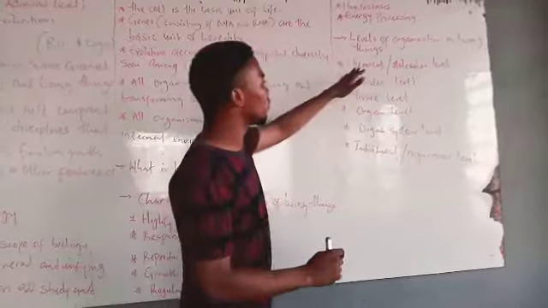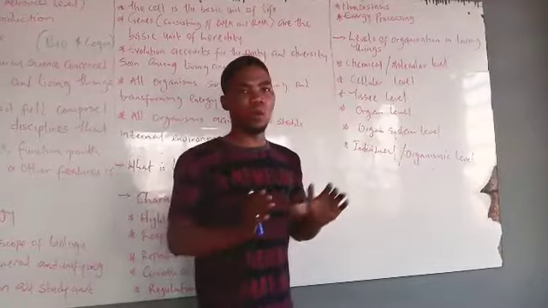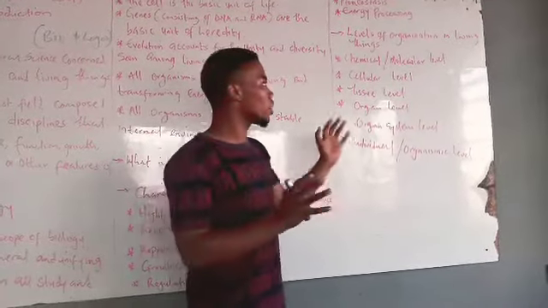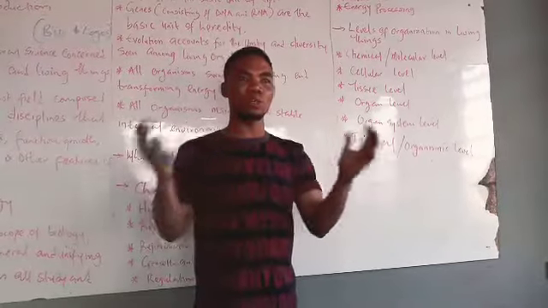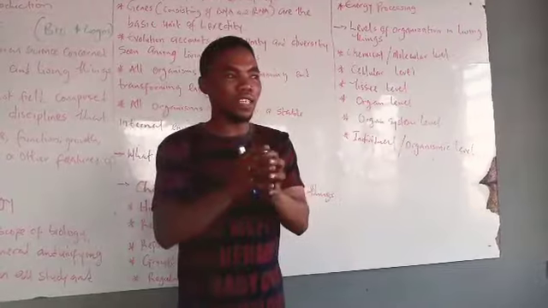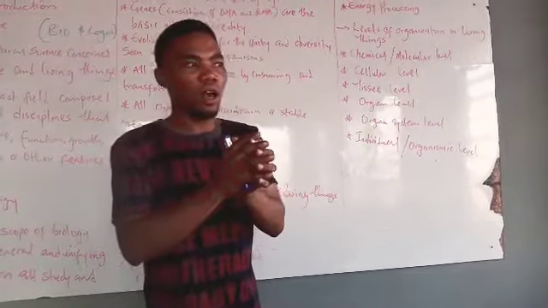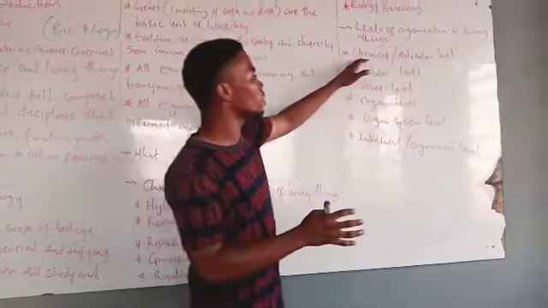Now the first level is the chemical level, or molecular level, where we have the molecules, the organic materials that come together to form certain structures, certain organelles that subsequently form the cell.